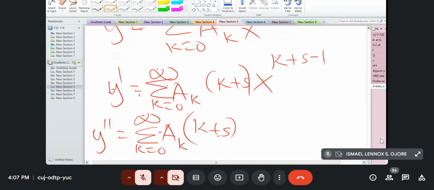Then we want to differentiate x raised to the power k plus s minus 1. To do that, we pre-multiply by the power of x, which in this case is k plus s minus 1, times x raised to the power decreased by 1. We'll have k plus s minus 1 minus 1, k plus s minus 2. I hope we are together.